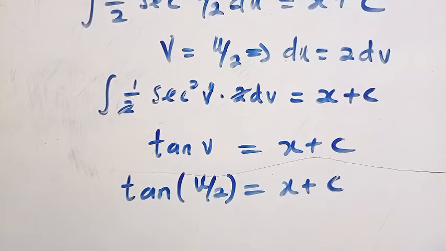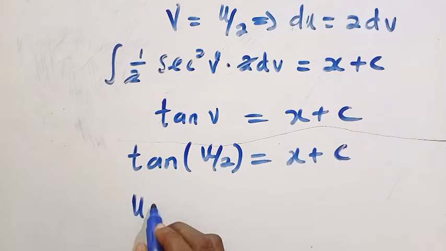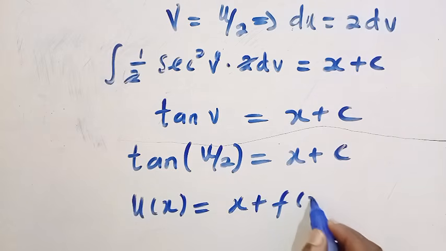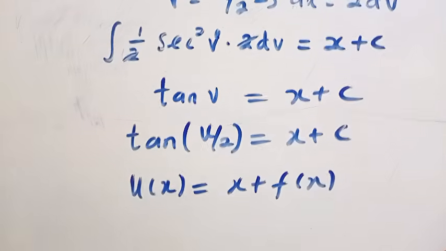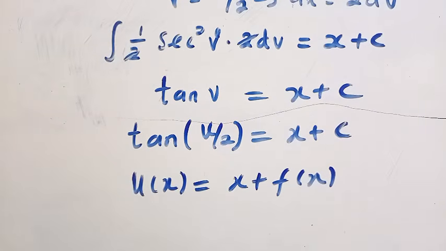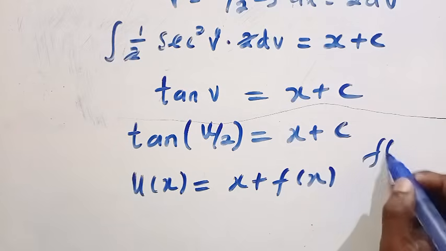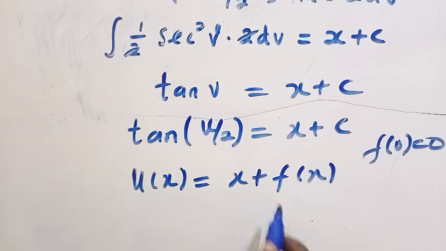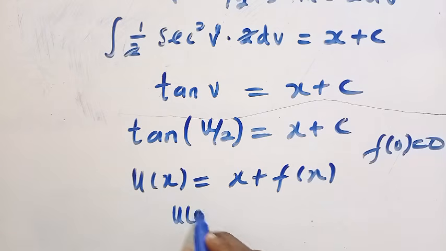If you recall, we let u of x equals x plus f of x. If I introduce the boundary condition here, where x equals 0 when f of 0 equals 0, you can see that all this part, which is u of 0, gives us 0.